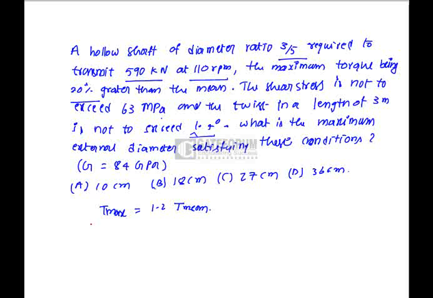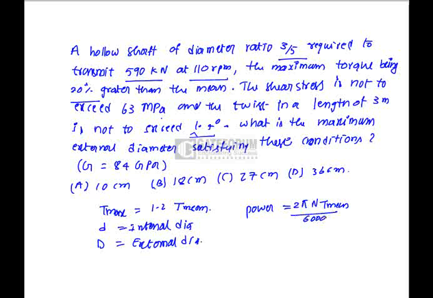Say the internal diameter is small d and capital D is the external diameter. We know the power is equal to 2 pi N T mean by 60,000 kilowatts.